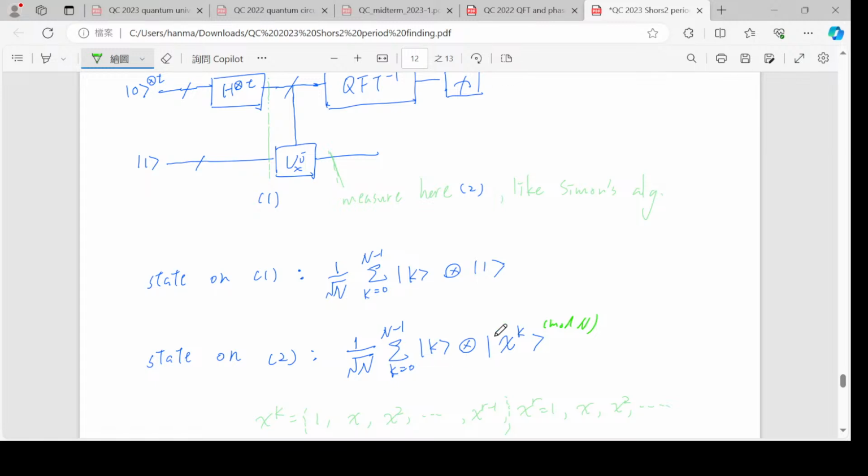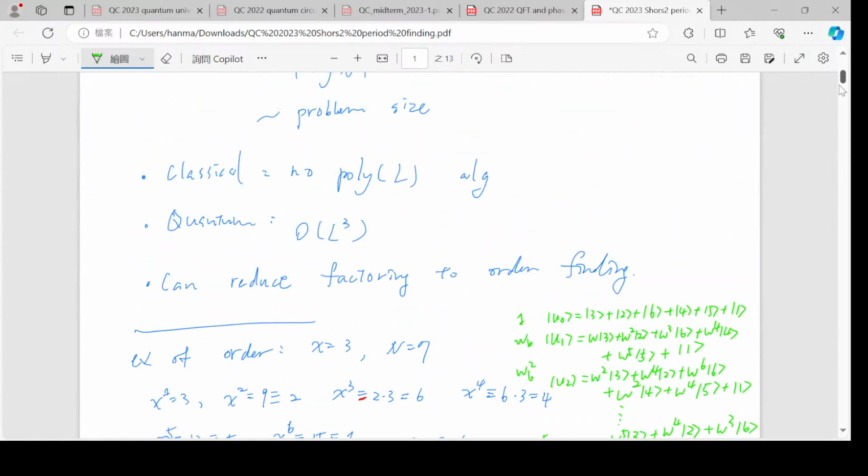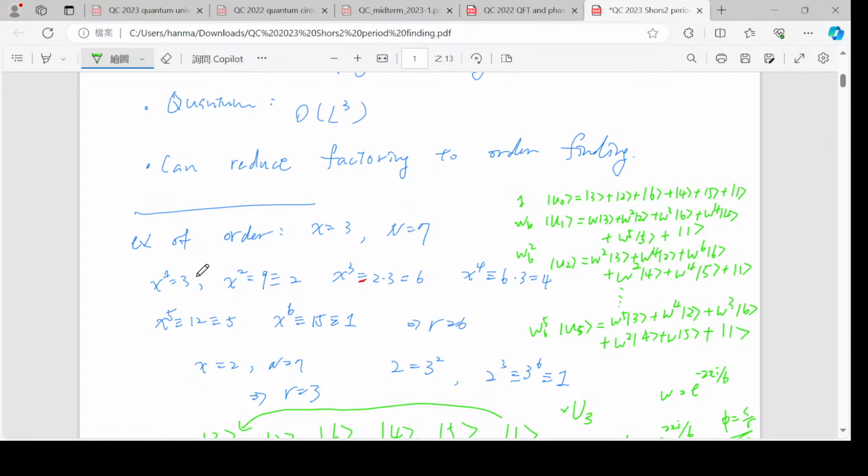So x to the k mod N is the periodic thing. Maybe go back to our example, which is a bit funny. The x to the k will be those 6 numbers cycling through each other. If your x is 3 and N equals 7, and you run your order finding, then x to the k will cycle through these 6 numbers depending on k.